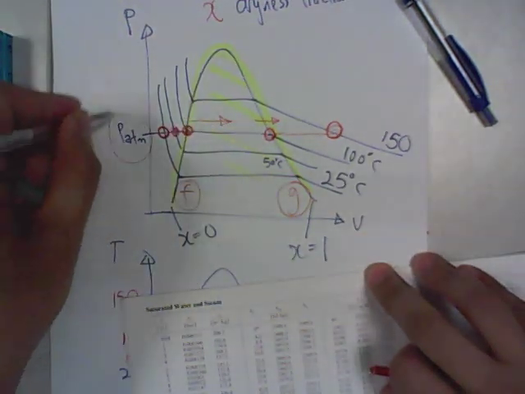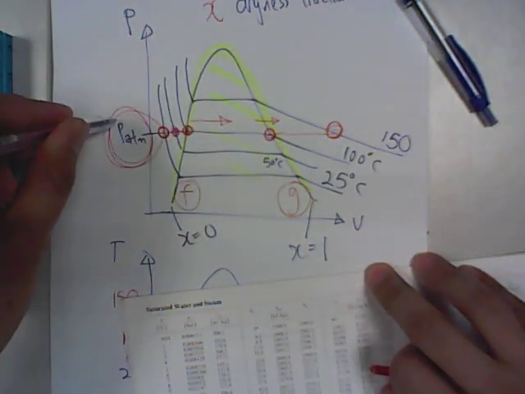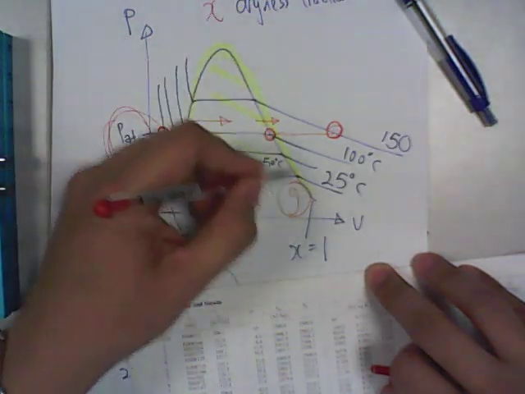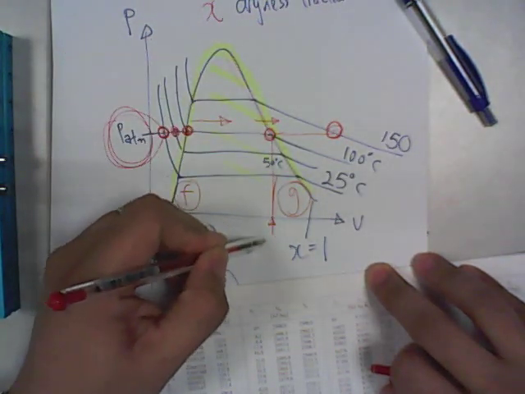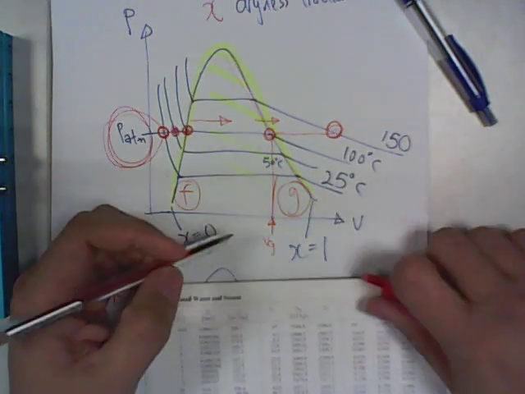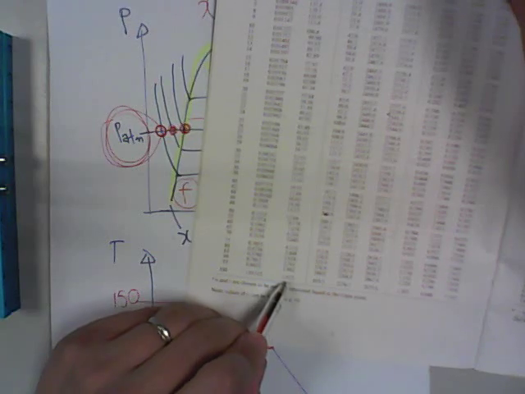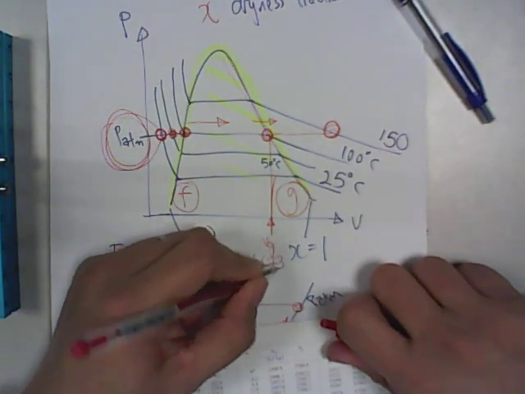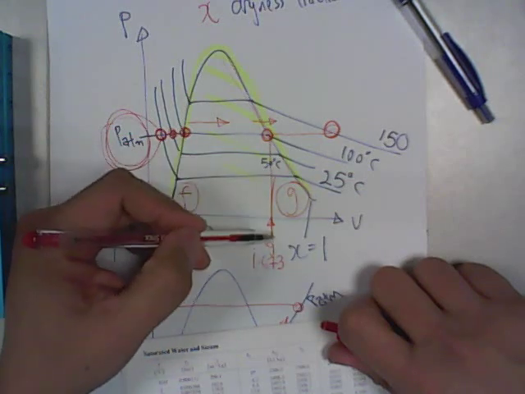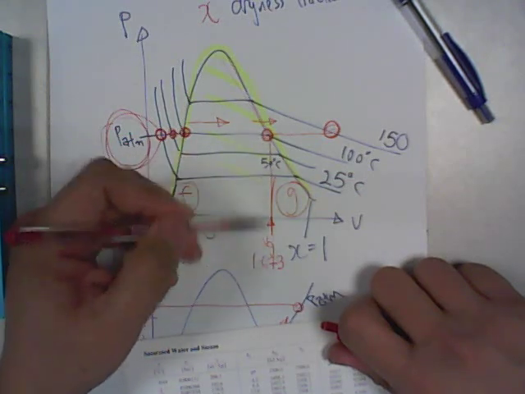If I look at atmospheric pressure, this is the g line, so vg is this value here, which is 1.673 meter cube per kilogram. So this is what vg means.